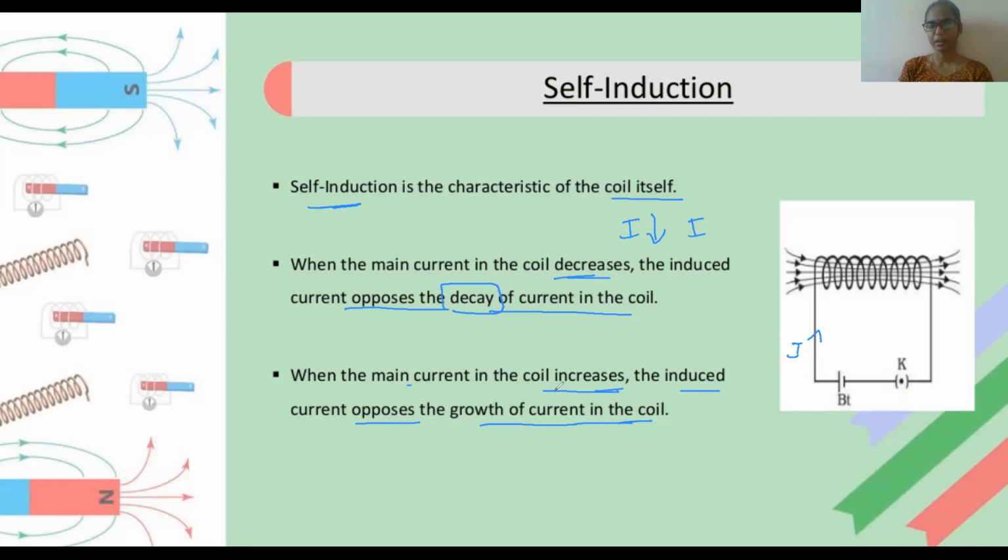When the main current in the coil increases, the induced current opposes the growth of the current in the coil. That means it will just regulate the current. It is not simply increasing or decreasing. When it is low, it makes it high, and when it is high, it makes it low. So it is just self-adjusting to a balancing point. That is what we call self-inductance in the coil. Clear, children?